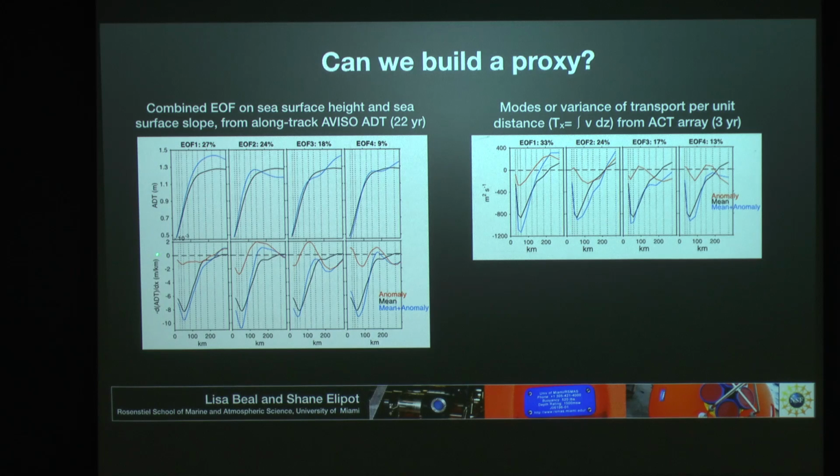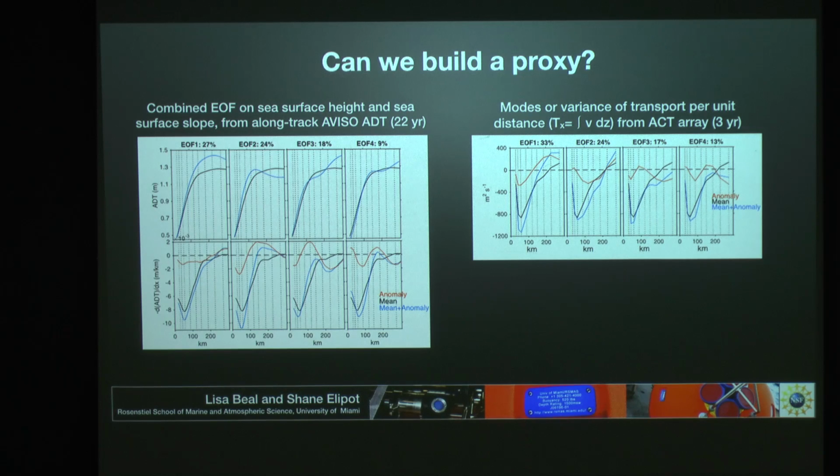So what this shows is the first 4 eigenmodes of sea surface height, or absolute dynamic topography, at the top, and sea surface slope at the bottom, compared to the first 4 modes of Tx, the transport per unit distance, or vertically integrated velocity, from each of our moorings, which are in the dotted lines here.